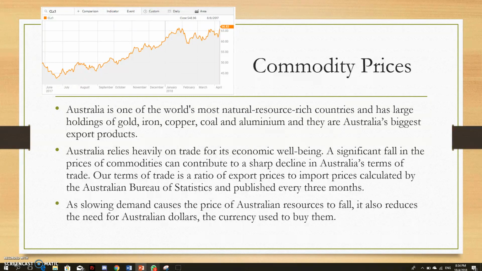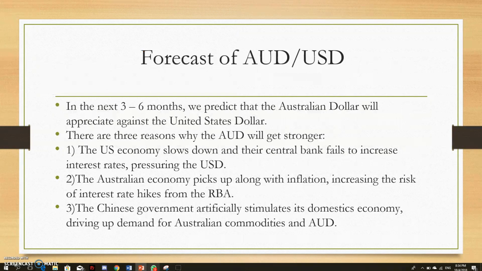Our terms of trade is a ratio of export prices to import prices calculated by the Australian Bureau of Statistics and published every 3 months. As slowing demand causes the price of Australian resources to fall, it also reduces the need for Australian dollars, the currency used to buy them.